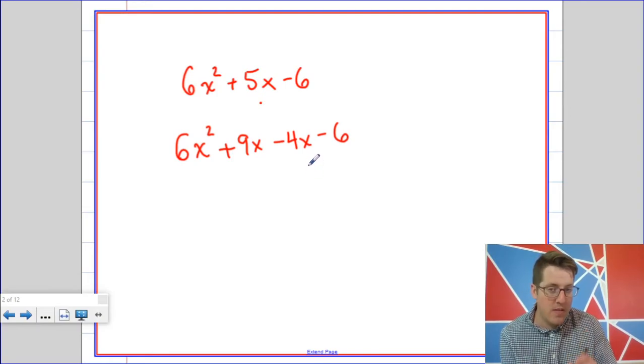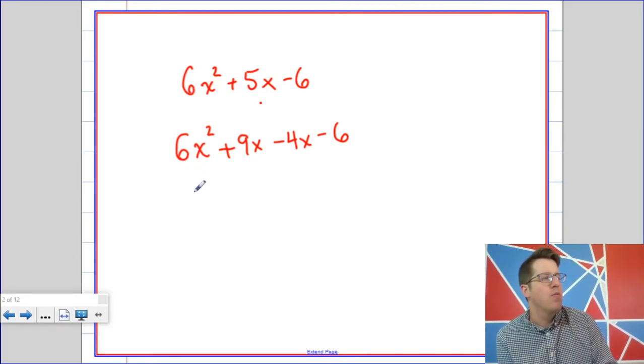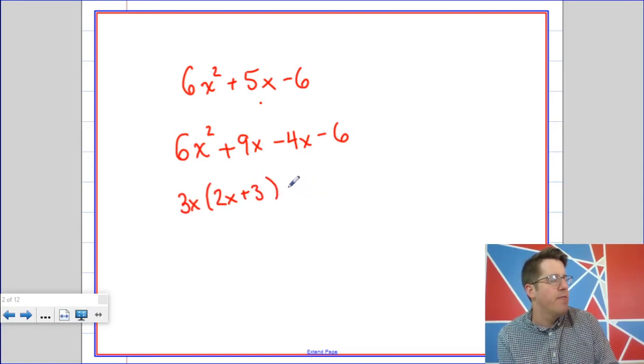It takes a bit of guess and check because you have to make sure that that pattern still exists. What do I mean by that pattern? Well, if I factor out a 3x, I'm left with 2x plus 3. And then if I factor out a negative 2, I'm left with 2x plus 3.